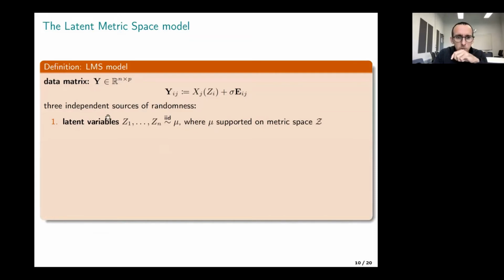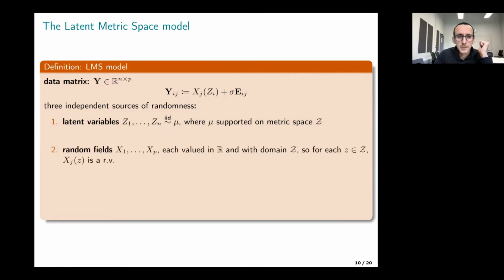So the first source of randomness is a collection of latent variables, which are assumed to be IID from some probability distribution mu, which is supported on some metric space Z. So Z is quite an abstract thing, just some set associated with a notion of distance. The second ingredient is a collection of random fields. There are p of them, so that's equal to the dimensionality of the data, if you like.